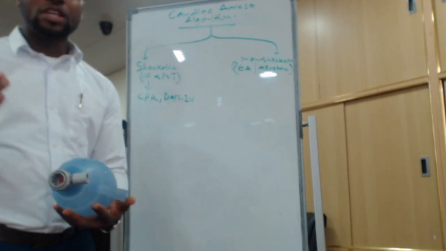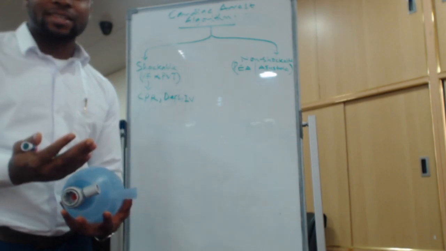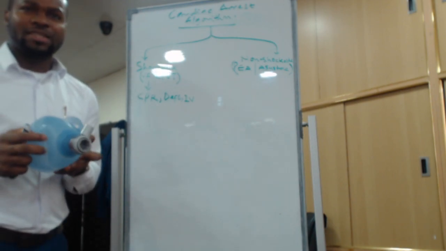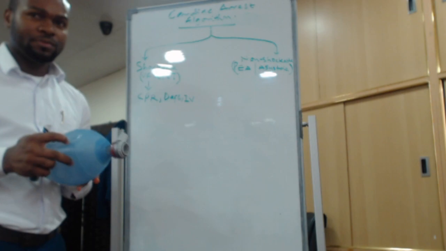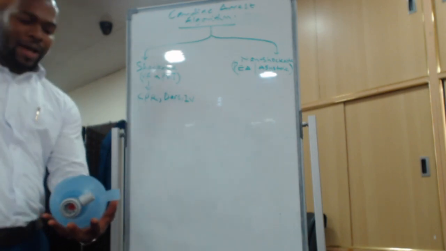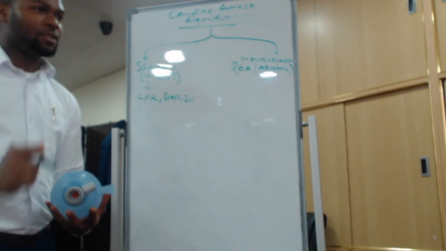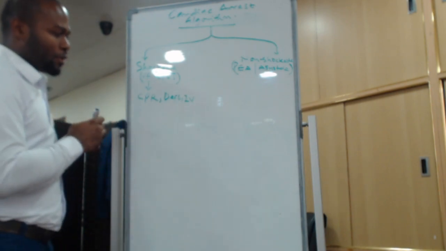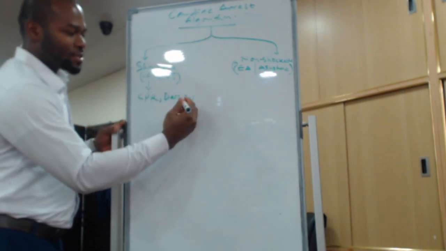What do you want to do? You want to immediately what? React, right? So that is what I encourage. For ventricular fibrillation that is doing this to the heart, you don't need to pamper it with less energy. Go to the highest of whatever you have and shock it. So we have CPR, defibrillation, gain IV access, okay?